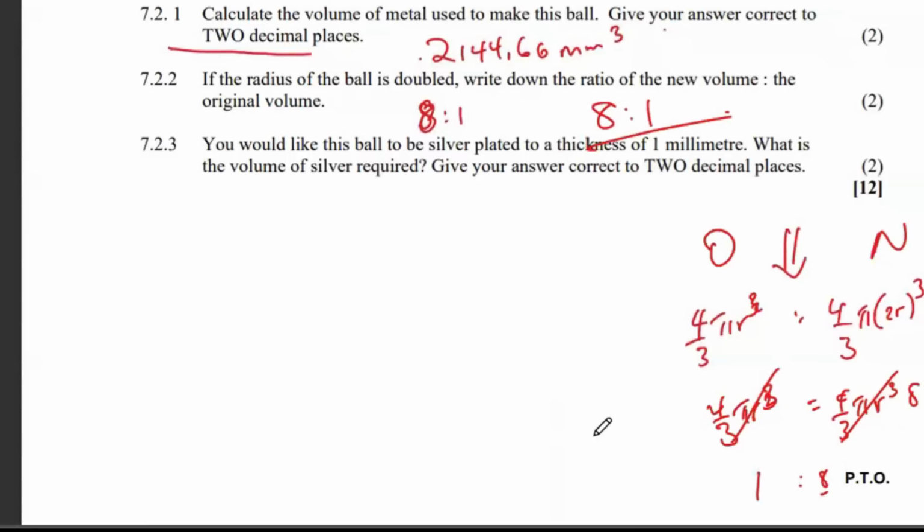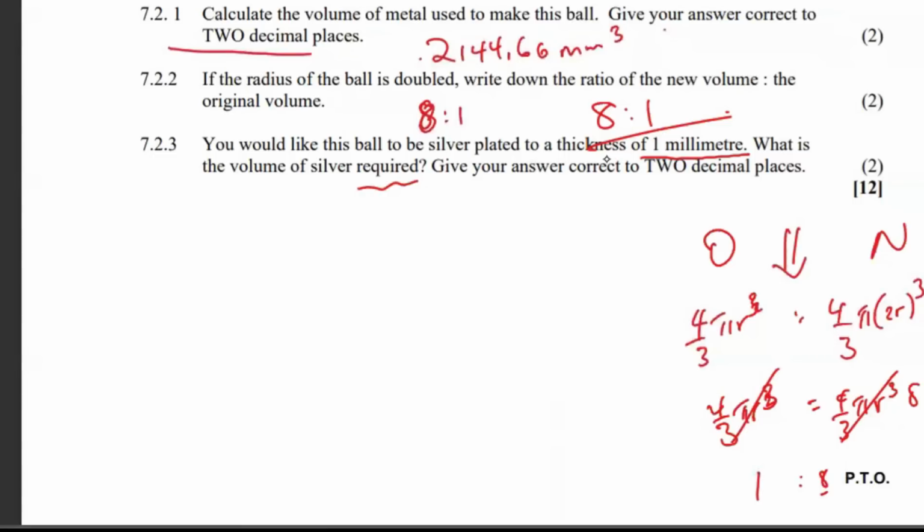Okay, so you'd like this ball to be silver plated with a thickness of 1 millimeter. What is the volume of silver that is required?